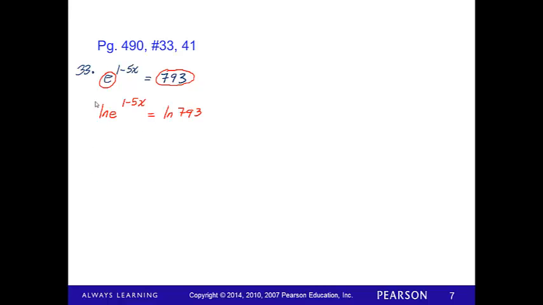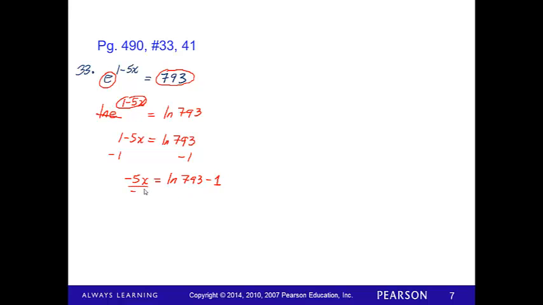Now remember, or recall, that the natural log and e are inverses, so they cancel each other out, and you're left with just the exponent, and your exponent is 1 minus 5x equals the natural log of 793. I'm going to leave this as the natural log of 793 till the very end. So now you need to solve for x, so I'm going to subtract 1 on both sides, and I get negative 5x equals the natural log of 793 minus 1.